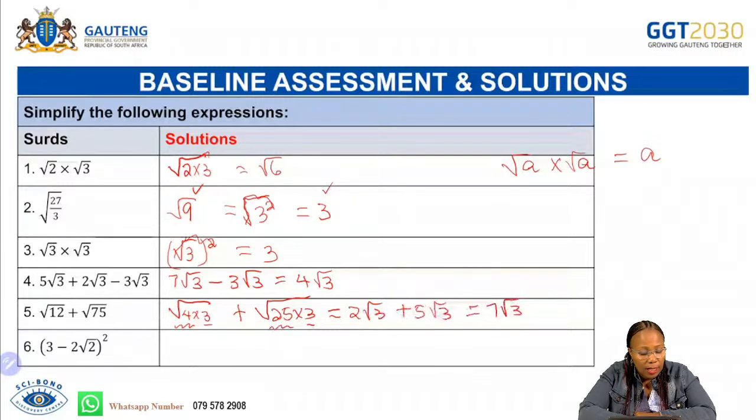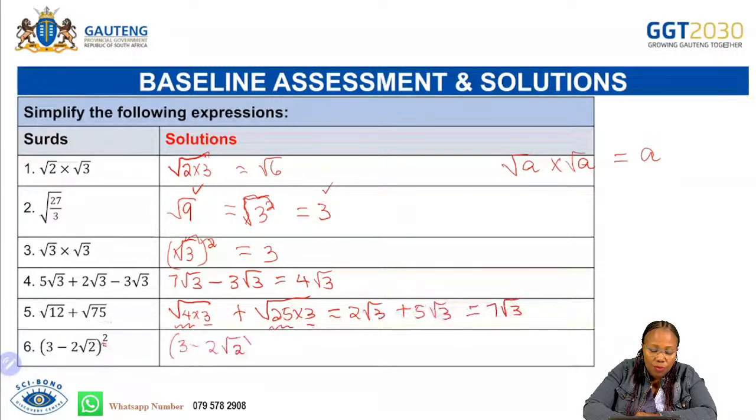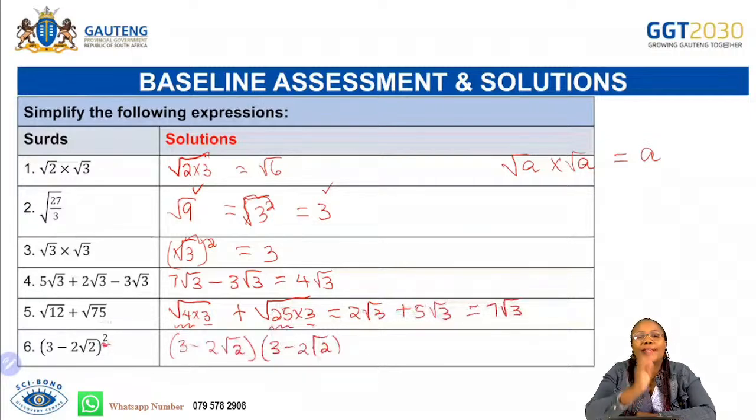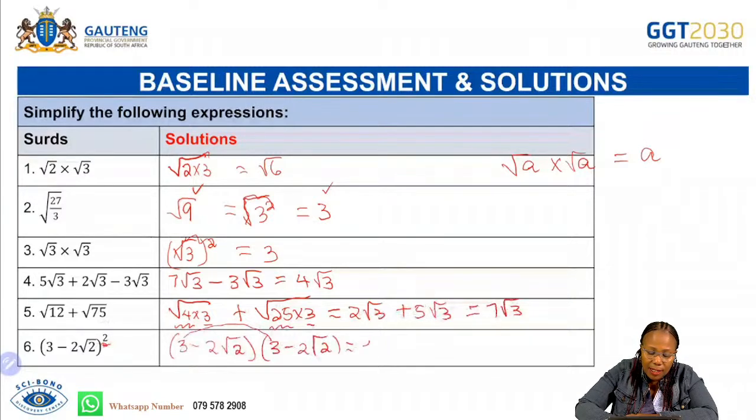Okay. And then now moving to number 6. This 2 means 2 brackets of this. Then we are multiplying 3 minus 2 square root of 2 with another 3 minus 2 square root of 2. This 2 means brackets of the same thing, Rachel. It's not difference of 2 squares, no? It's the bracket of the same thing. 2 brackets of the same thing. So now we are using distributive law. 3 times 3, which is 9.